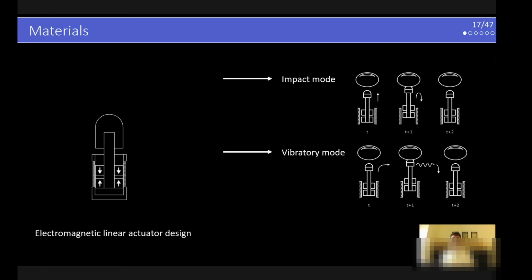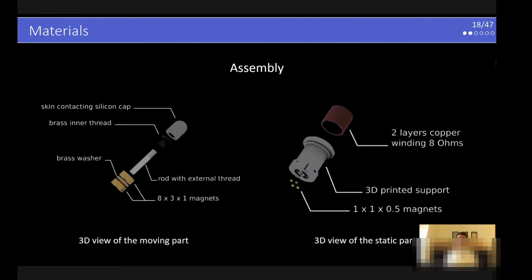For the vibratory mode, we can do the same. Gently it goes up to touch the skin, and then by making the current vary inside the coil, you can recreate these vibrations. We can do this in a simple way, as it is a linear system, and we can also reduce the size of our design to something small enough to accommodate these 24 actuators under the hand.